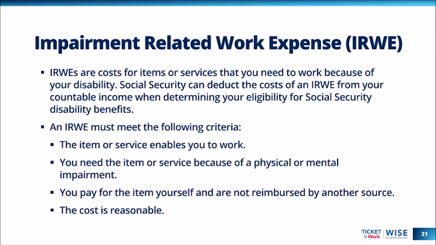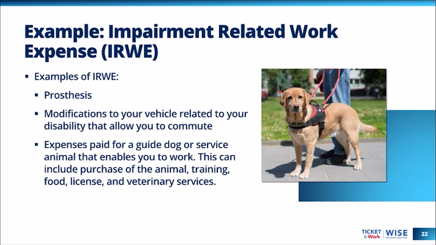So this is an out-of-pocket expense to the beneficiary. And the cost is reasonable. You're just going to have to shop, right? We all shop around for things we want, and you're going to get a reasonable product, a reasonable service. That's actually never been an issue in my career, but it is a criterion.